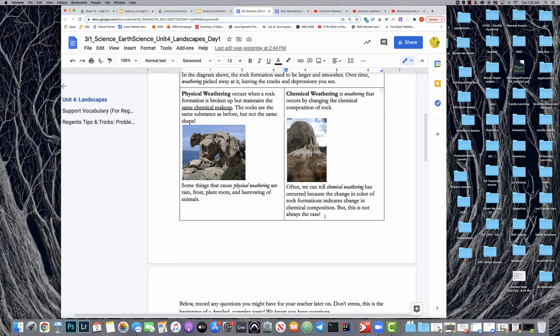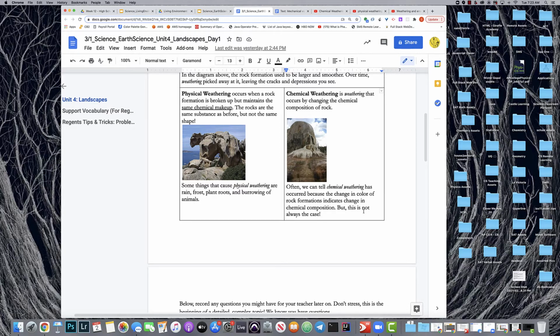And I noted here that chemical weathering occurred because we can tell it occurred just from looking at the scenario because of the changing color of the rock formations, which is indicative of a change in chemical composition. I did note, however, that this is not always the case, and a point that teachers want to make, this is a teacher-facing video, a point that you want to make to your students is that color can change very often when water interacts in a purely physical weathering scenario.